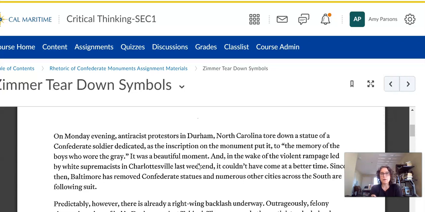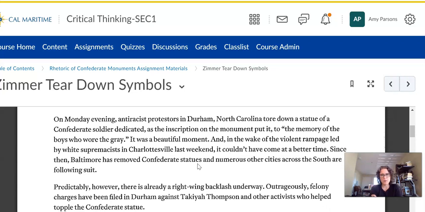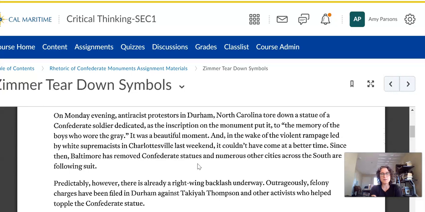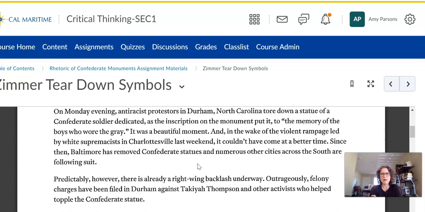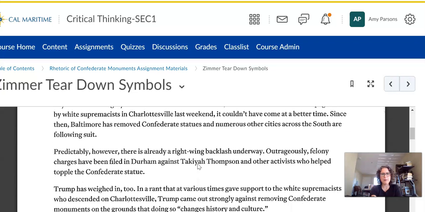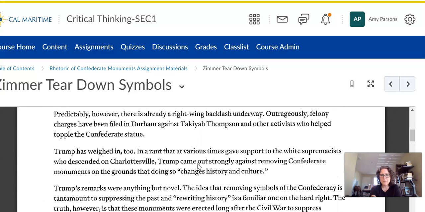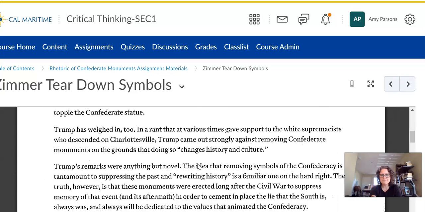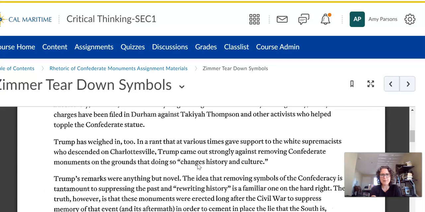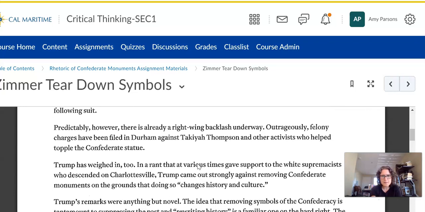But a lot of you awesomely pointed out that you can tell in the language that he uses at the beginning, he knows his audience is with him. He uses pretty loaded language. Where he says something here about it being outrageous that people were arrested for tearing down Confederate monuments.